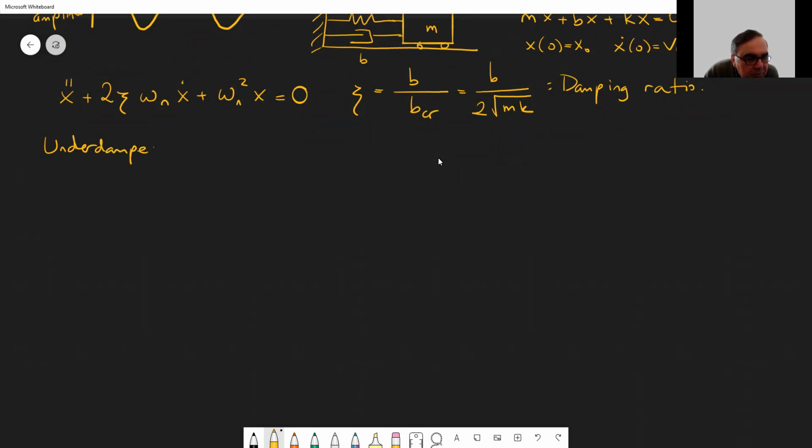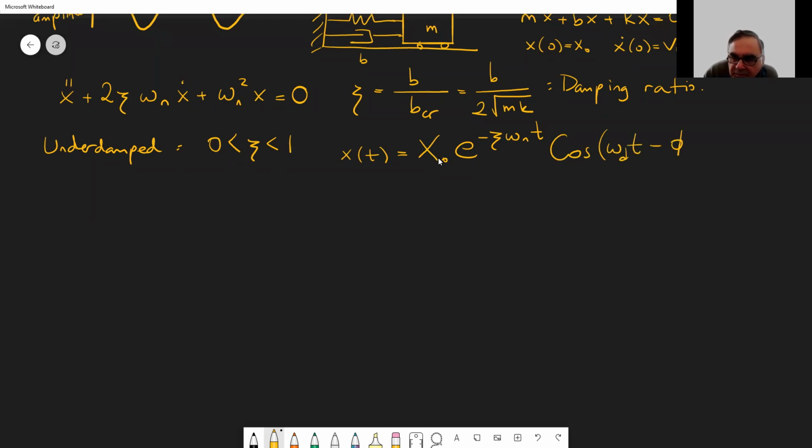which is the most common case, where the damping ratio is between 0 and 1, the solution to this equation becomes some X0 e to the minus zeta omega n t cosine omega d t minus the phase angle.